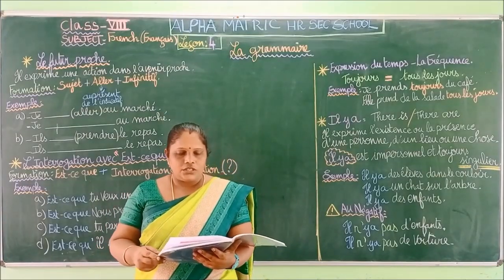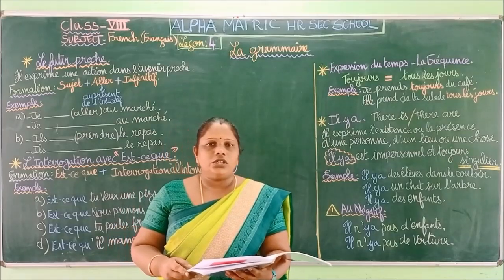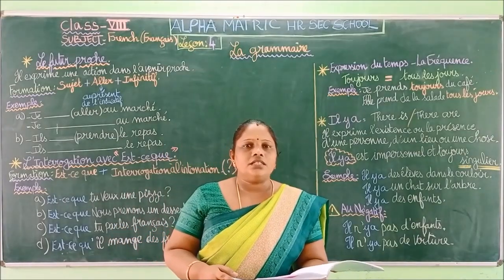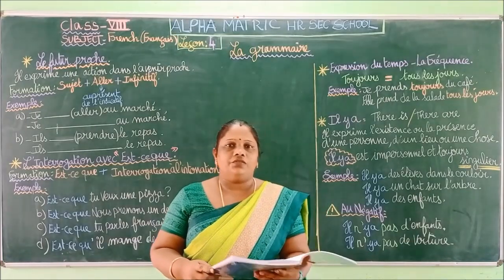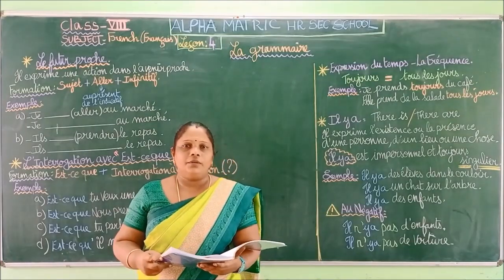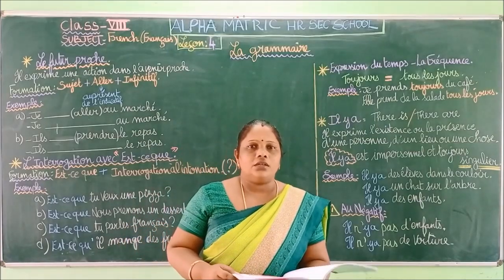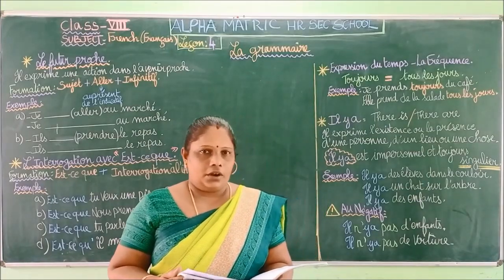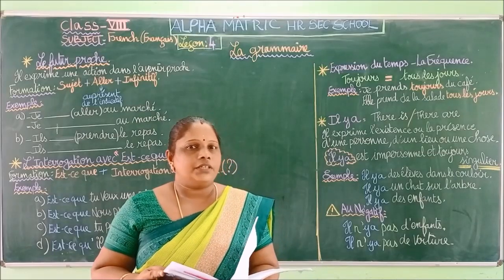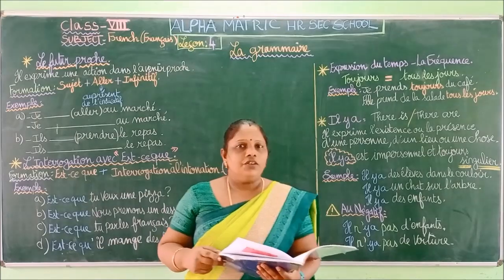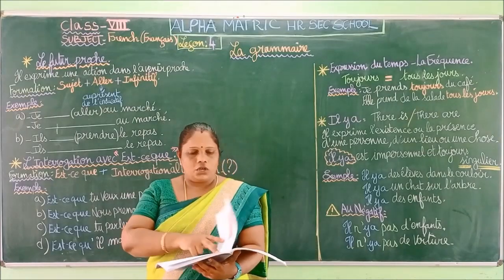Then we saw the construction with the infinitive. When we have two verbs in the sentence, quand on a deux verbes dans une phrase, we write the first verb in present tense, and the second verb remains in the infinitive. Okay, so we saw that.